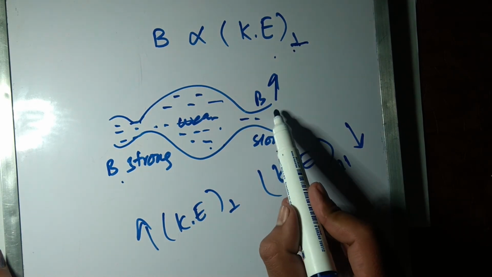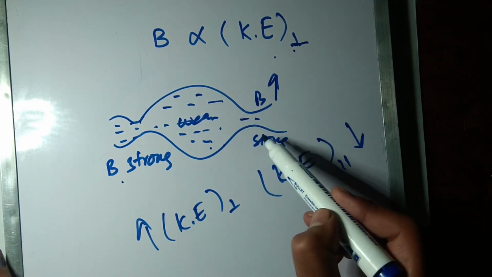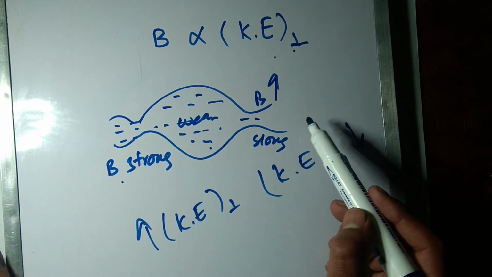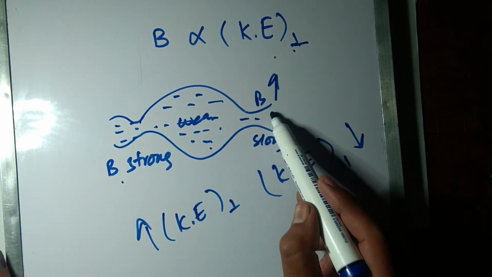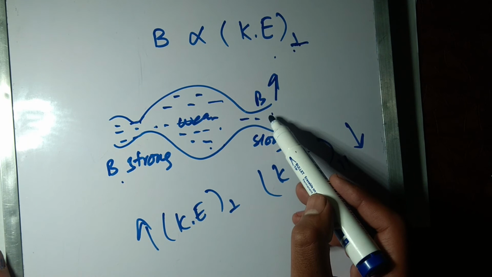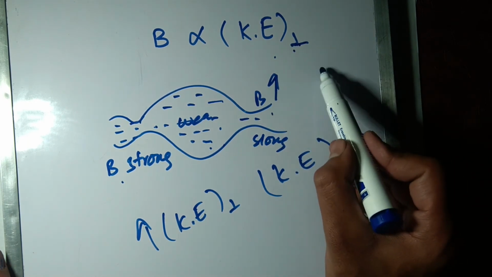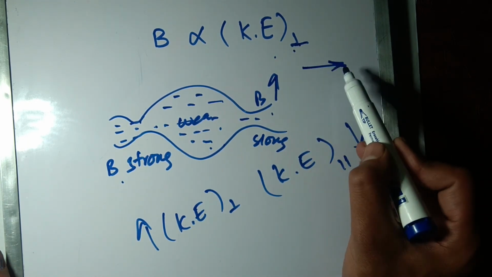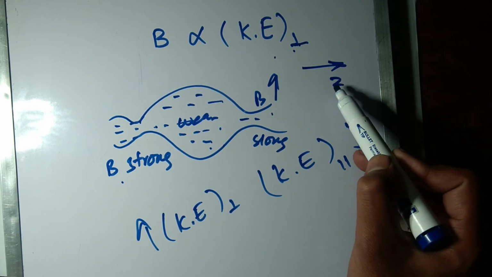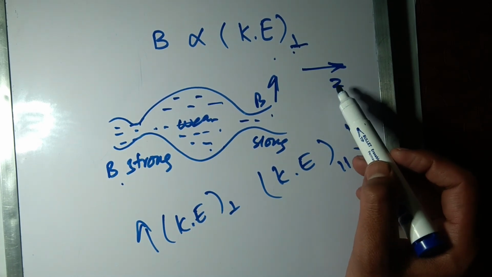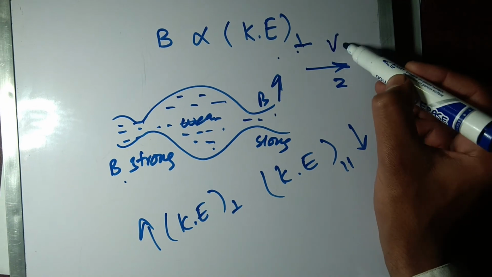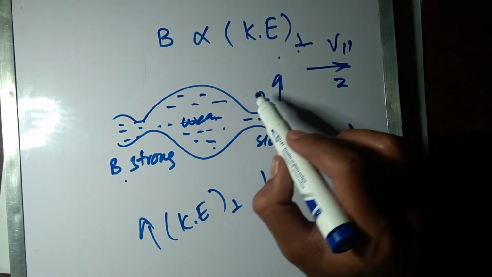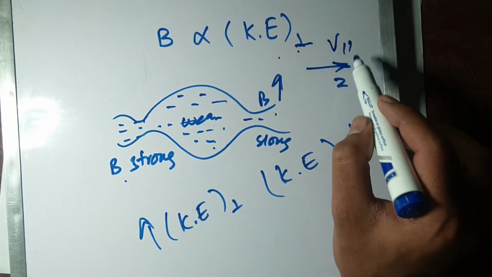Here the perpendicular component is strong, which means the parallel component is weak, and the parallel component is responsible for the movement of the particle along the Z axis, because V parallel is responsible for the particle moving in the Z axis.